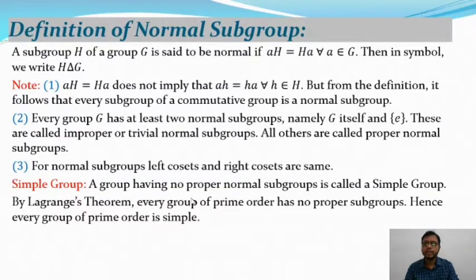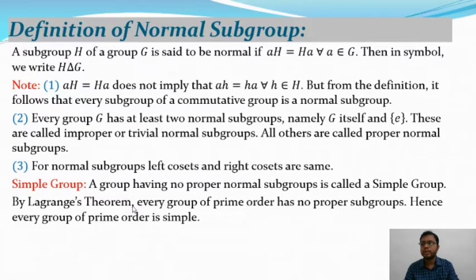You know, in a group G there are at least two normal subgroups, G itself and E, and these two are the improper or trivial normal subgroups of G. But in a simple group there is no proper normal subgroup, and by Lagrange's theorem every group of prime order has no proper subgroup. Hence every group of prime order is simple.